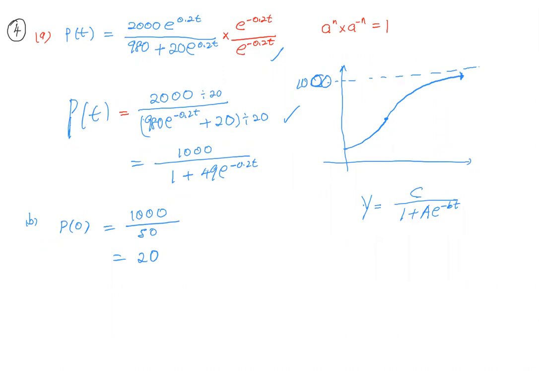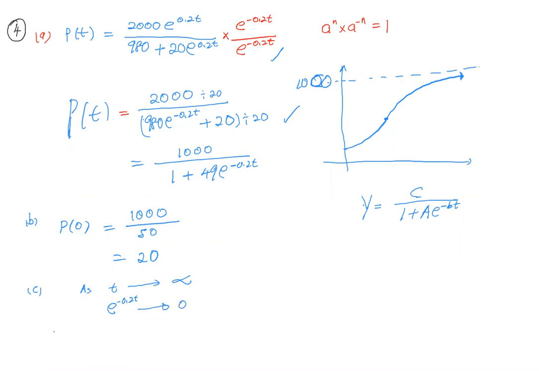Is there a limit to the number of people that were infected by H1N1 in this area? The answer is yes. So how am I going to explain? I cannot say the graph says so. So I will say as t approaches infinity, what happened to e to the power negative 0.2t? Approach 0.